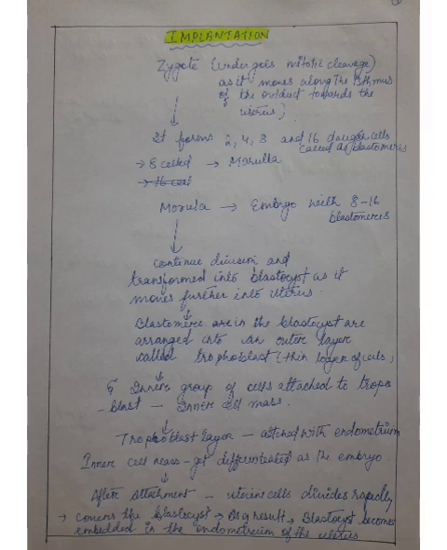From 1 to 2, then 2 to 4, then 4 to 8, it keeps on doubling. The 8 cell stage is called the morula. Now, what is a morula? It is an embryo with 8 to 16 blastomeres.